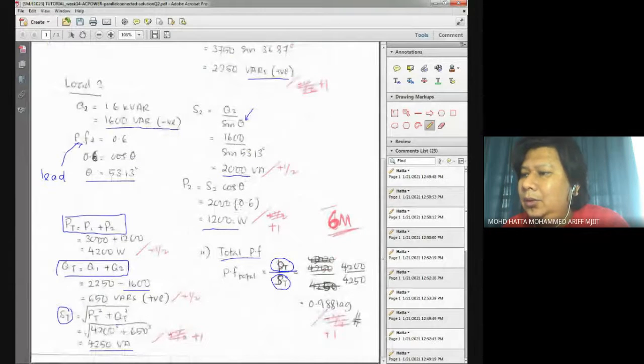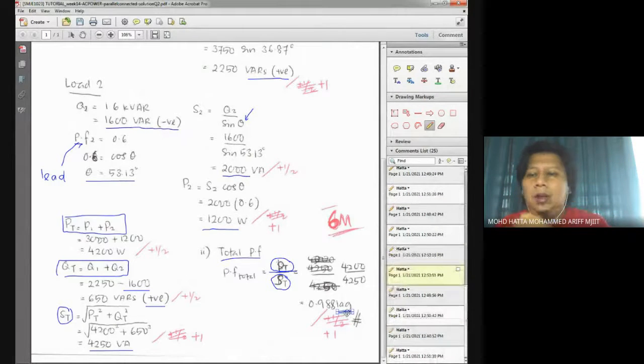And maybe you would wonder, is the power factor lagging or leading? How do we determine this? It is based on our Q value. The total reactive power that we have in the circuit is a positive value, meaning that it will be a lagging power factor. All right, any questions so far?